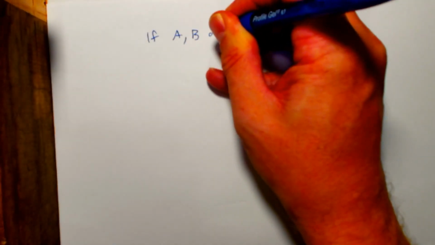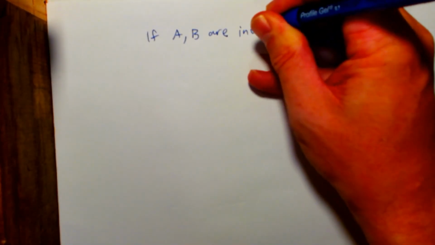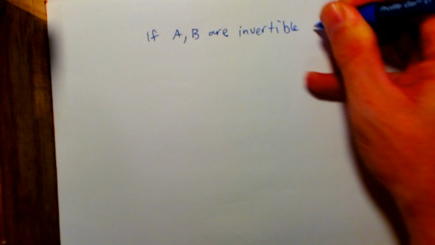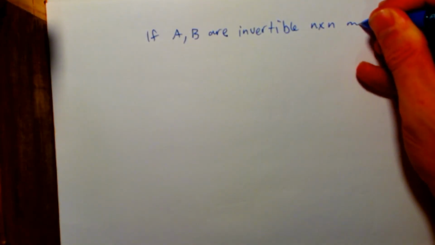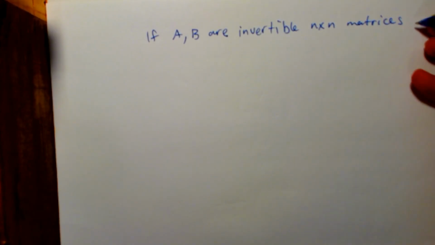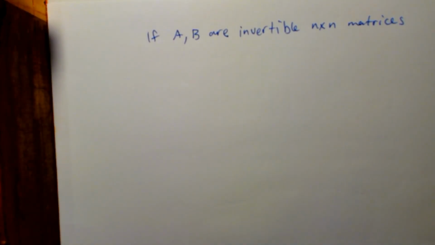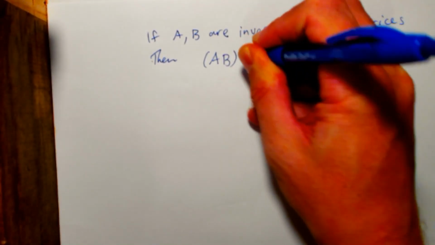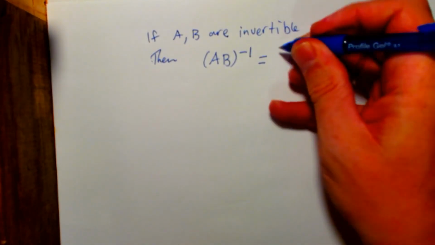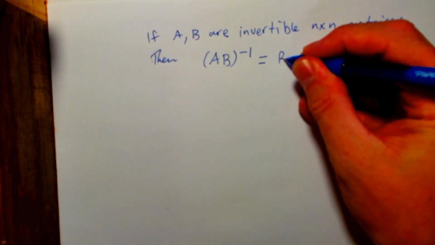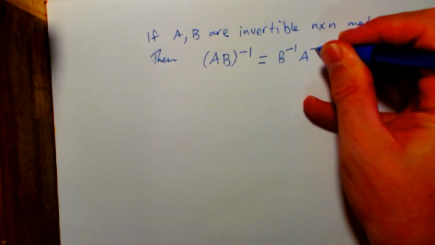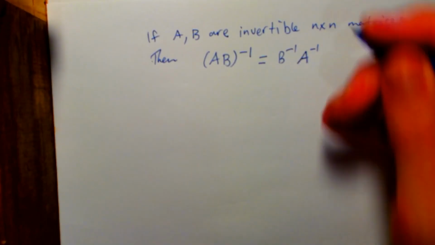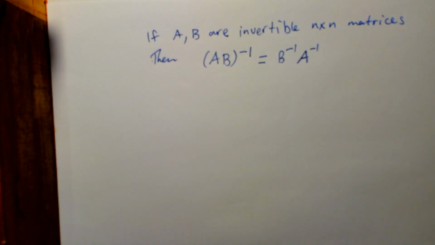So if A and B are invertible n by n matrices, meaning, equivalently, that their determinants are non-zero, then the inverse of the product of A and B, specifically (AB) inverse, is B inverse A inverse. Now there's a typo in the notes, so this should say A inverse, not A to the power 1.